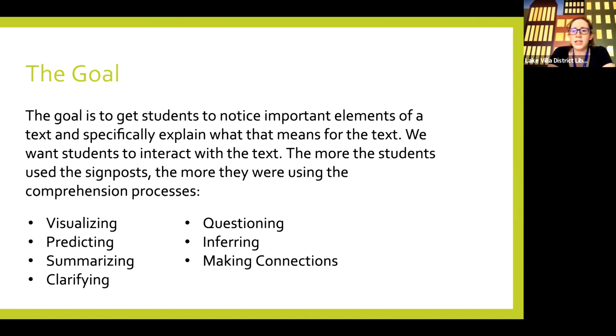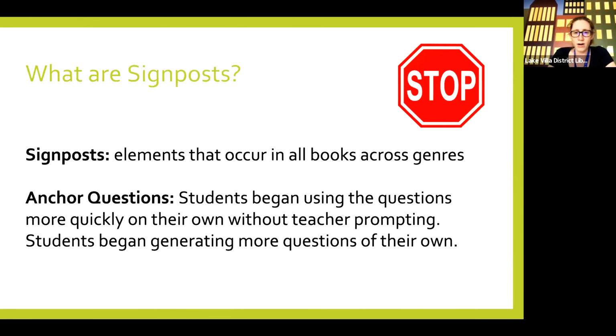So when the teachers noticed that they were using the signpost method instead of just trying to push their kids to the next higher reading level, the kids were using and asking more questions using visualizing, predicting, summarizing, clarifying, questioning, inferring, making connections. So these are all of our higher order thinking skills with reading comprehension and what you'll see in the Common Core standards. So what are signposts?